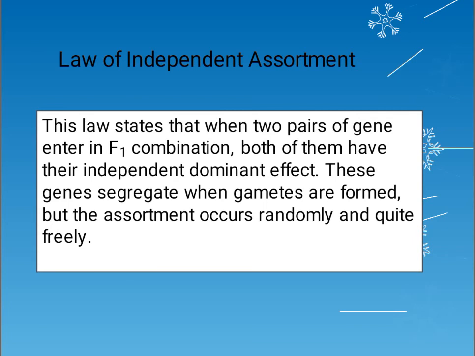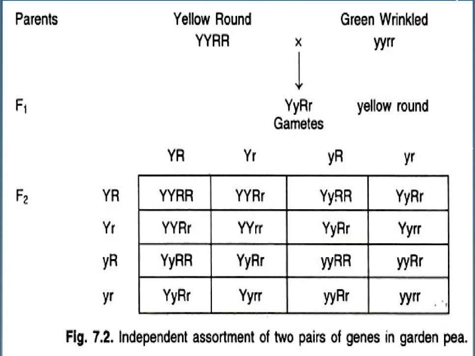To explain this law in detail, I will give you the example of yellow round and green wrinkled seeds. When plants of garden pea with yellow round seeds are crossed with plants having green wrinkled seeds, you can see the cross in this slide.